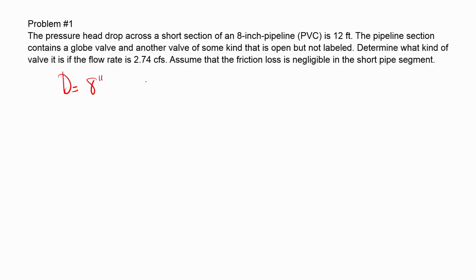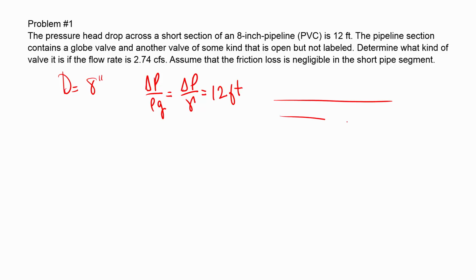is 12 feet. So what this tells me is that delta pressure over rho g, or gamma, is equal to 12 feet. The pipe section, of course, is constant diameter.